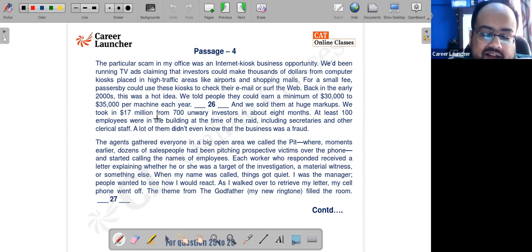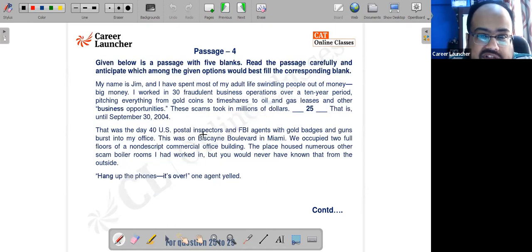You will notice that in this passage, in certain paragraphs, there is a blank that is given. So for example, in the first paragraph, there is a blank, and this blank says question 25.